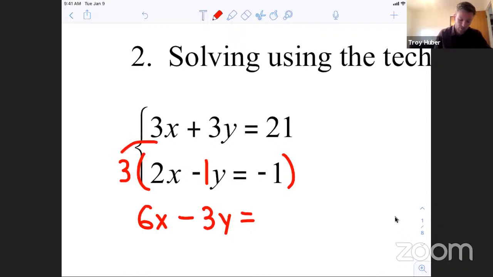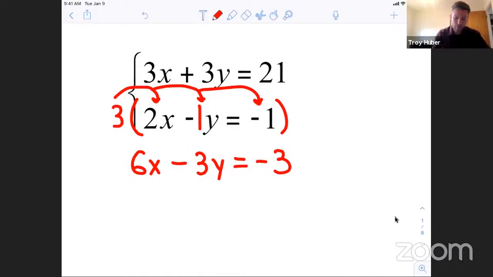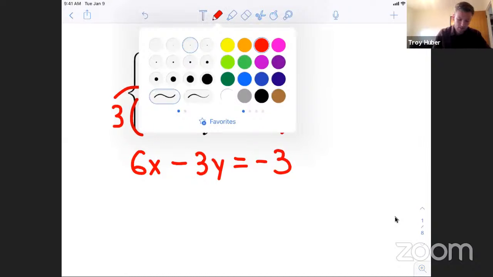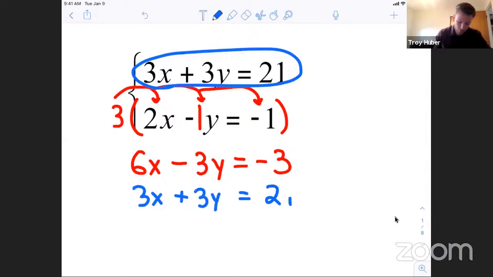We have to distribute that 3 to all of these terms. 3 times negative 1 is a negative 3. Now I'm just going to rewrite this first equation right here, that 3x plus 3y is equal to 21.